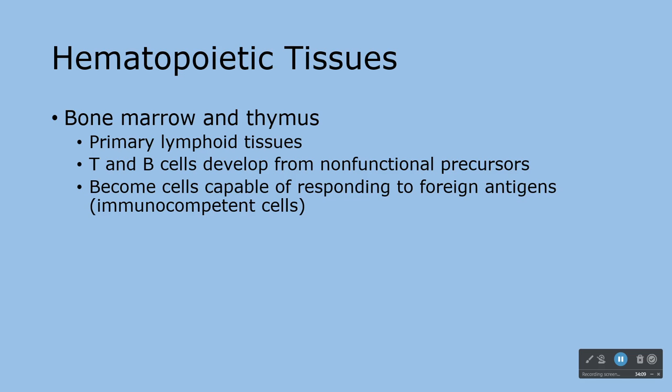So this and this one are precursors to the lymphocyte, whether it's a T cell or B cell, B lymphocyte. Does that make sense?